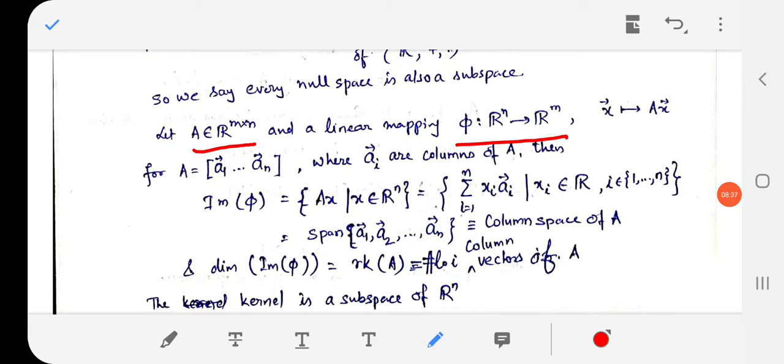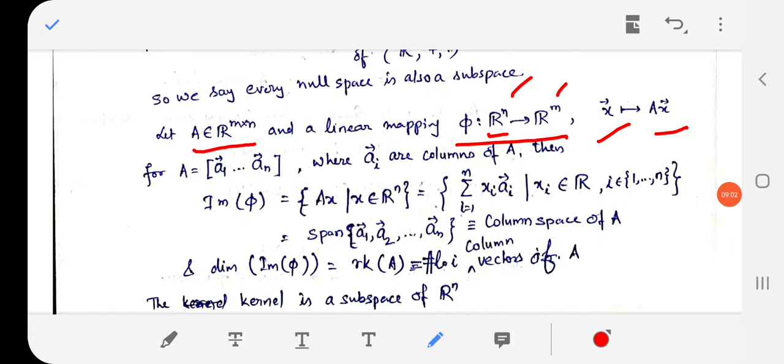And your linear mapping goes from R^n to R^m, right? Now the input space is from R^n, so x belongs to R^n and Ax belongs to R^m, right?